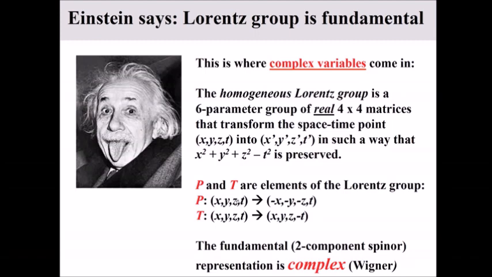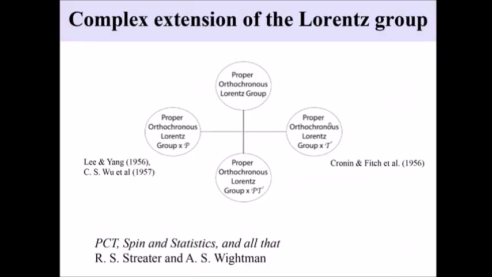Now, if you look at a map of the Lorentz group, this is the Lorentz group, and the Lorentz group is a continuous group, but it falls apart into four parts. This is the proper orthochronous Lorentz group, and this is a subgroup of the Lorentz group.